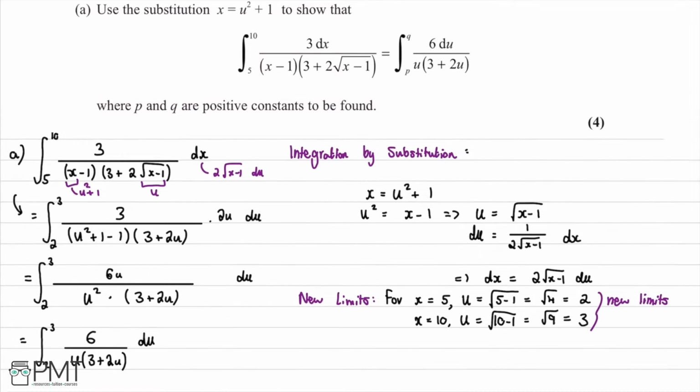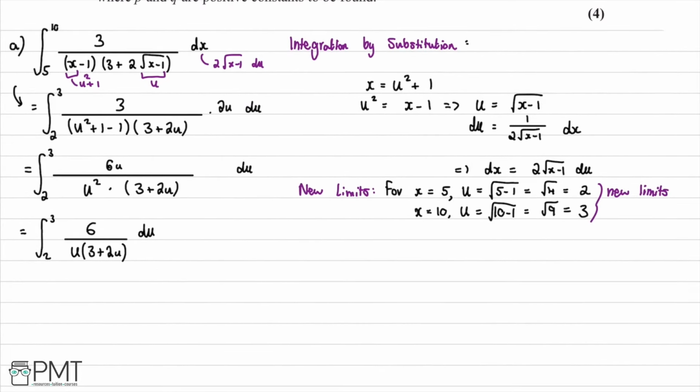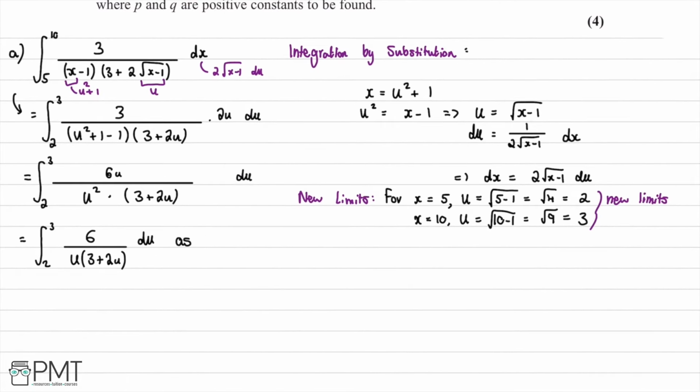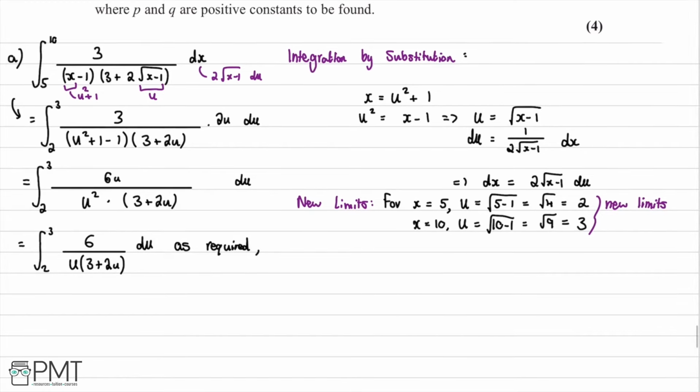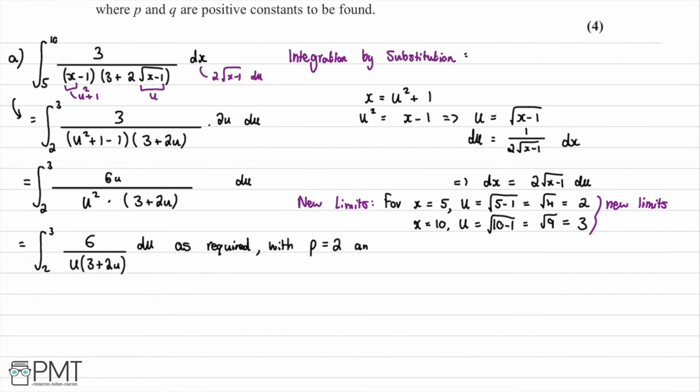What were we being asked to find? So we were being asked to find 6 divided by u, lots of 3 plus 2u, and that's what we have here. So therefore, we have got this into the form that the question asked for. So we'll write here, this is going to be as required, and we're asked to find constants p and q. So we'll just put a little note down saying we've found this with p equal to 2 and q equal to 3.